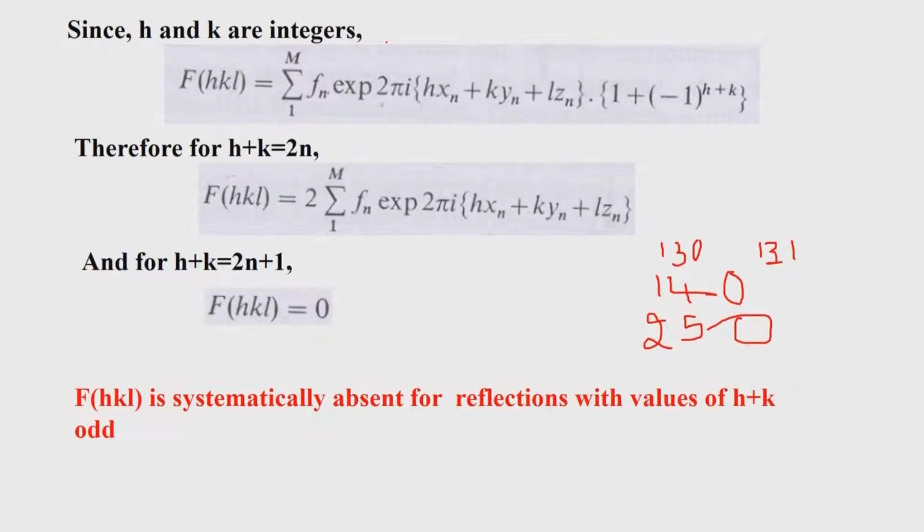But please note that those systematic absences will not affect all of HKL. It will affect only either projection reflections or axial reflections. This is a statement I am making, do not worry too much about it, we will discuss it in full detail as we go along. So, right now what we have discussed is a C centered lattice.